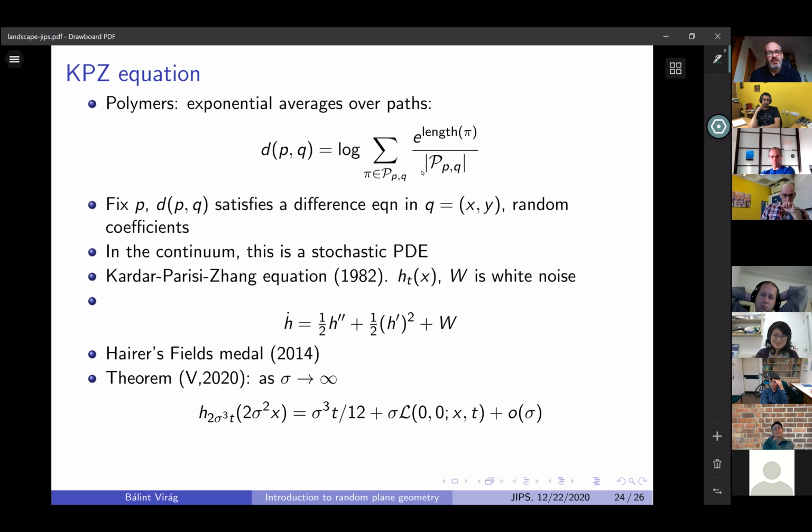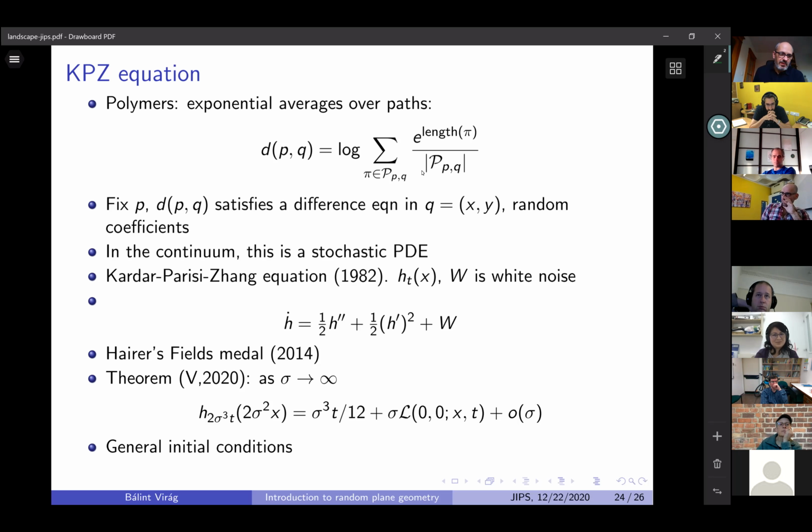Here is the precise asymptotics: if you start with delta initial conditions, then you can write the limit of the solution in terms of the directed landscape. This also works for more general initial conditions, which are just a little bit longer to write, so I didn't.